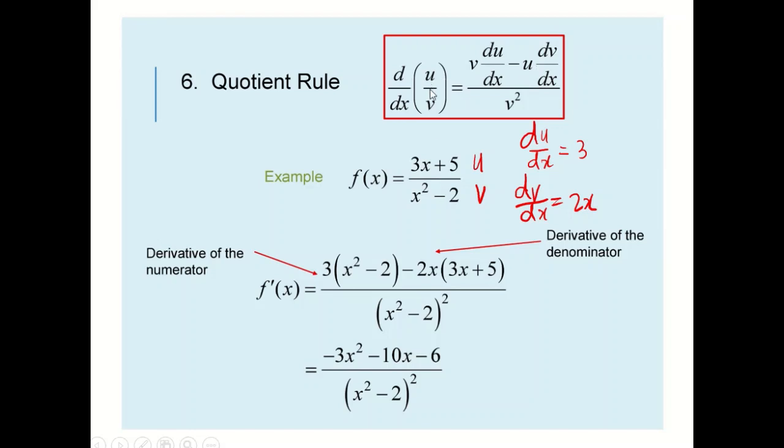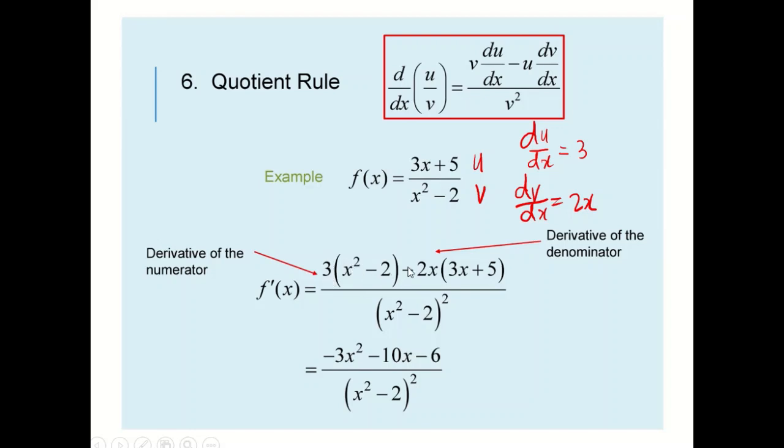You can see here this is f(x), so when we differentiate, we put f prime of x. First we take v, which is 3x minus 2.